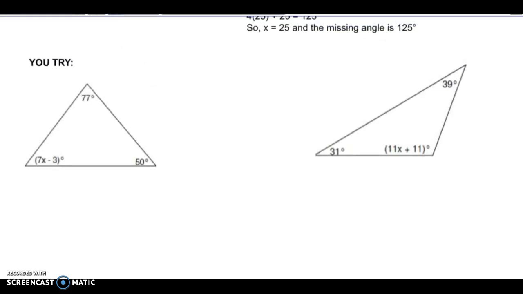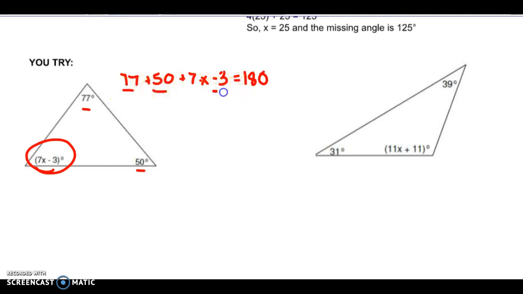So we see in this first example we have 77, and then we're adding to that 50, and then our third angle is where we see that x, 7x minus 3. But we know, because it's a triangle, that all together needs to equal 180 degrees every single time. So my first task is going to be to combine these numbers that I see.